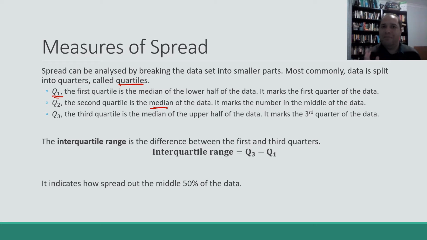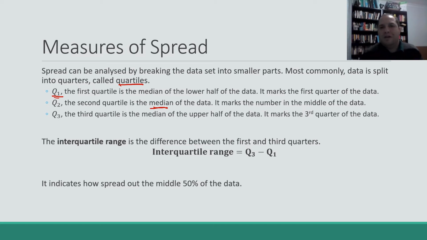The second quartile is better known as the median. It's halfway in our data, marking the halfway point. The third quartile is the median of the upper half. So if we have the upper half of our data, the third quartile is the middle number of that upper half of our data. Very wordy, but we'll go through and explain an example.